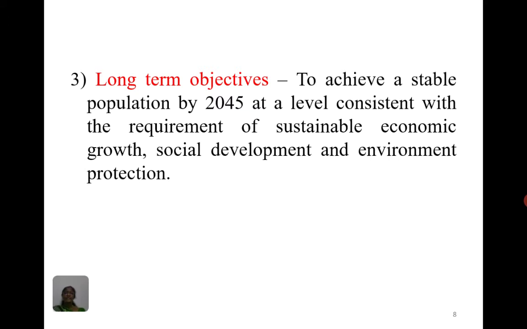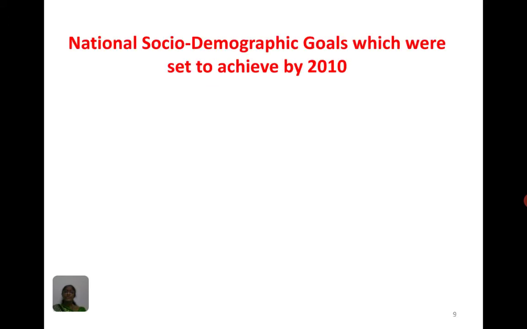For any country's growth and development, along with economic growth, social development is also essential along with environment protection. So these form the long term objectives.